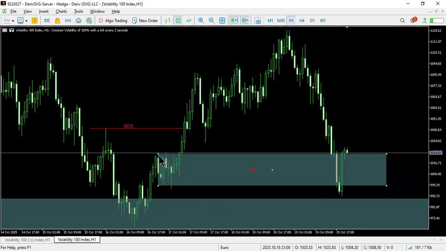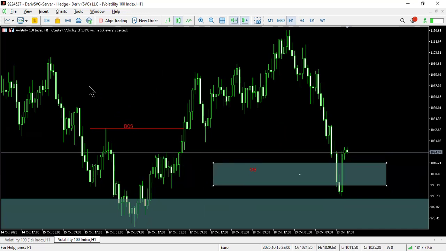From the 1 hour, let's start analyzing price from here. So there was a break of structure here.